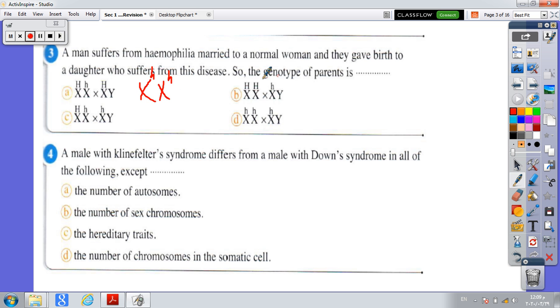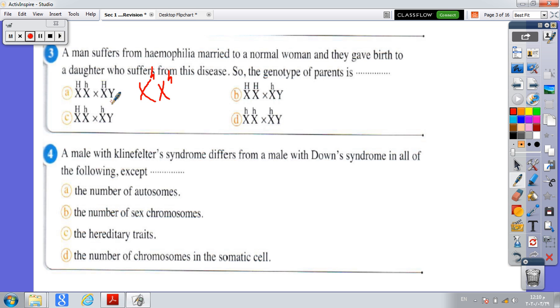Okay. So the genotype of the parents: they transfer gametes, from both male and female. So the male must suffer from hemophilia, must be XH small and Y, while the female may suffer from hemophilia or be hybrid to hemophilia.